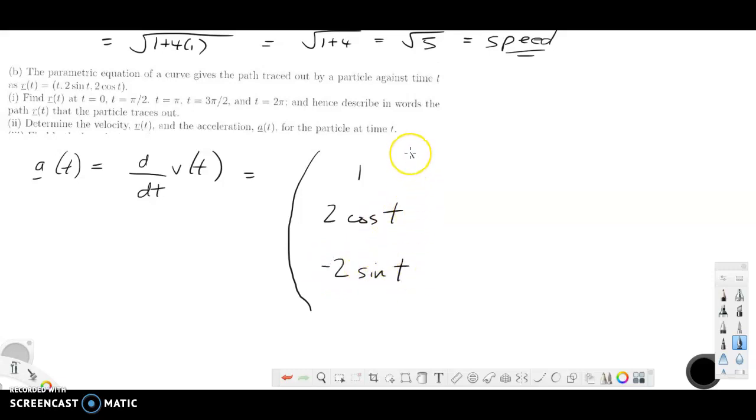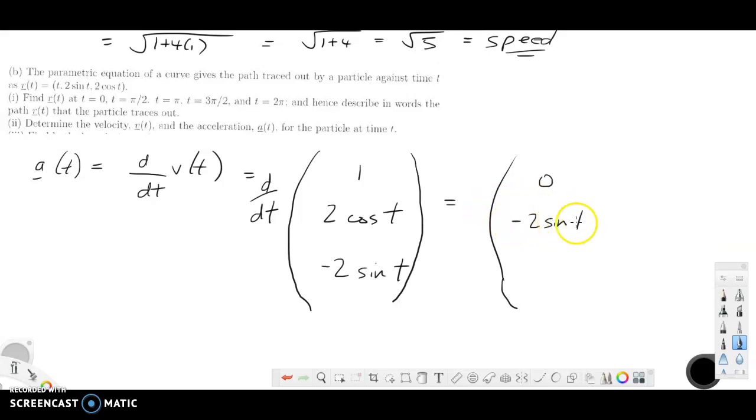That's our velocity vector. So we're going to be getting d/dt, the first derivative of all those 3 components with respect to t. So the first derivative of 1 with respect to t, that's just a constant, it's going to 0. Cos differentiates to minus sine, so we get minus 2 sine t here. And sine t differentiates to cos, so we get minus 2 cos t in this position. And that is our acceleration vector.